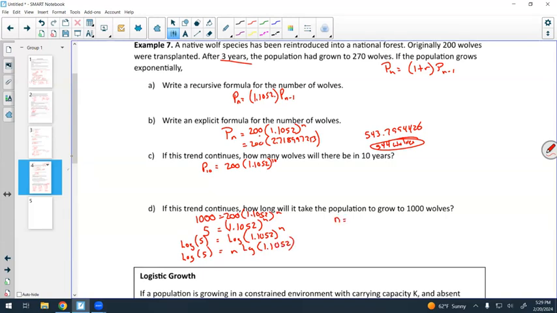So n equals the log of 5 divided by the log of 1.1052. Again, using the calculator, open parentheses, log, open parentheses, 5, close parentheses, divided by, open, log, open, 1.1052, close, and you should get 16.09 years. And that finishes that.